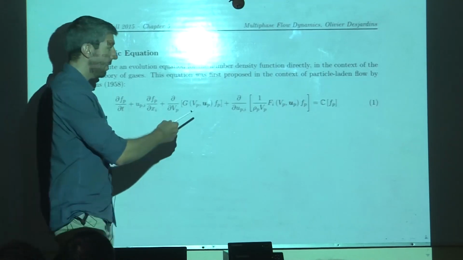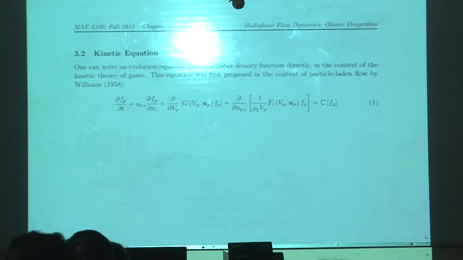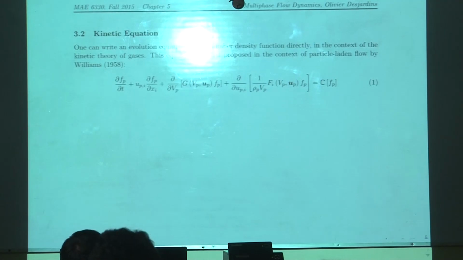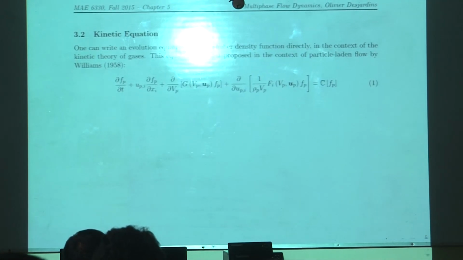And this equation might look complicated at first, but if you've been exposed to the Boltzmann equation, there's no surprise here. It's a pretty straightforward concept that can be derived without too much difficulty. So this is what the equation looks like. I should mention here that p here indicates the particle.